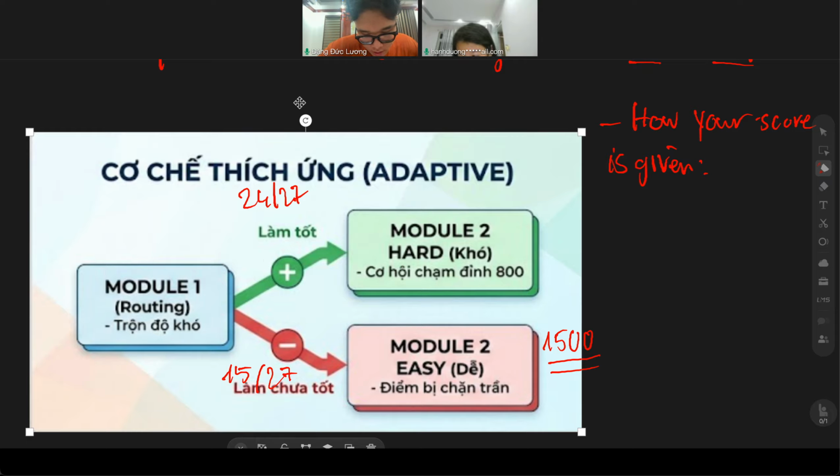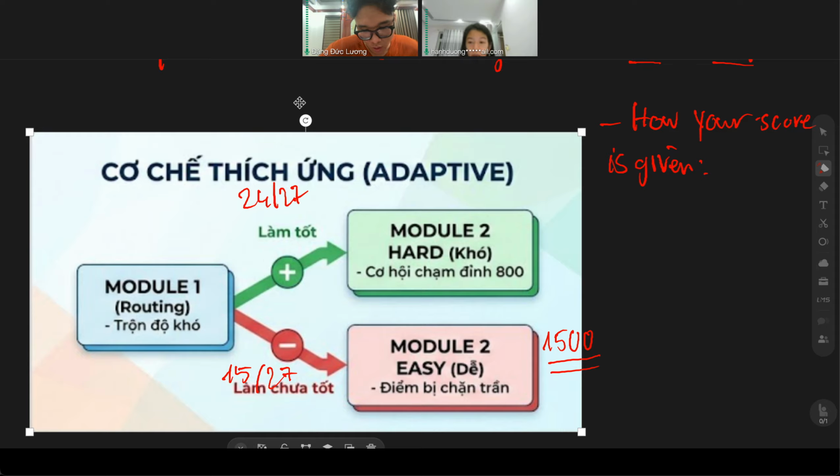All right, your score will be given based on your performance compared to other competitors. For example, on the June test, each test day will have a number of competitors, right?